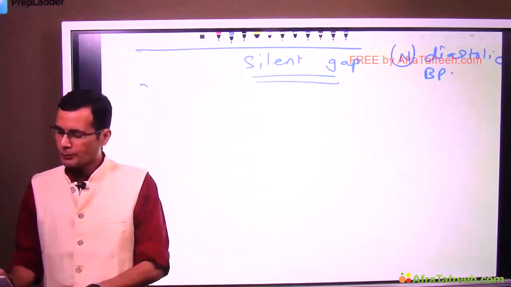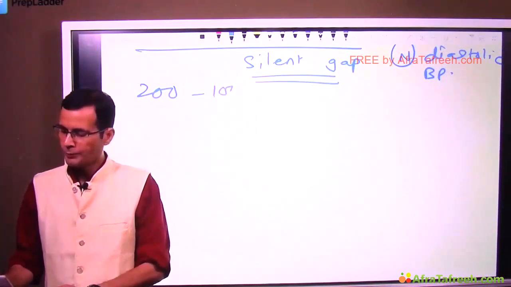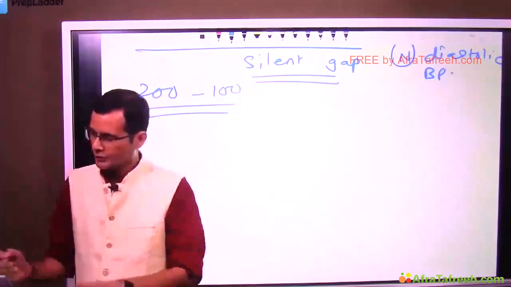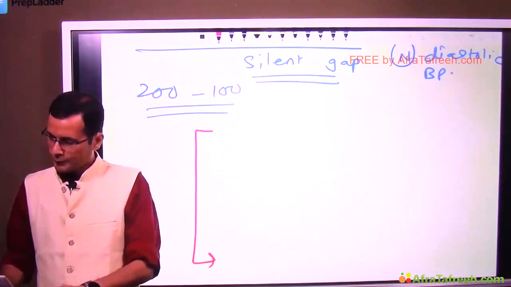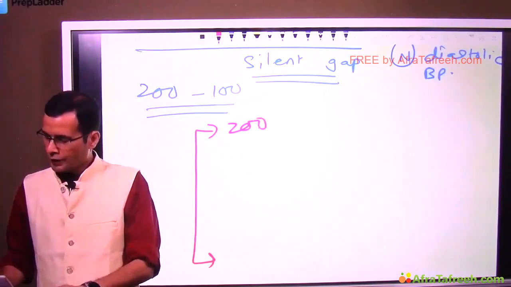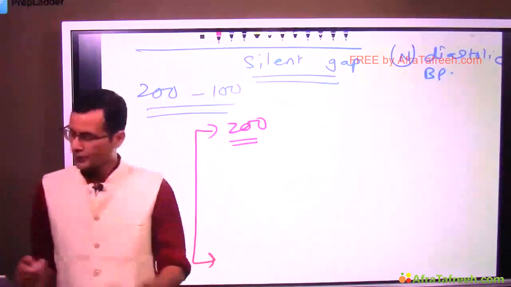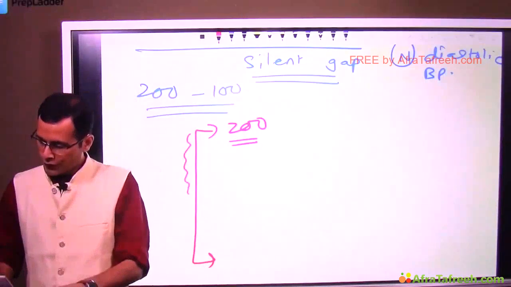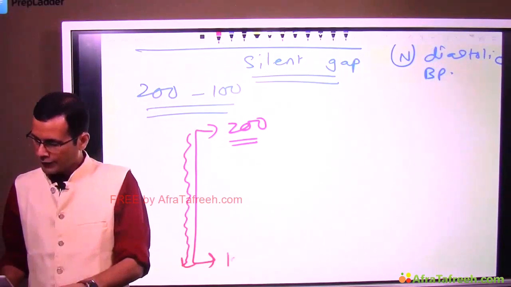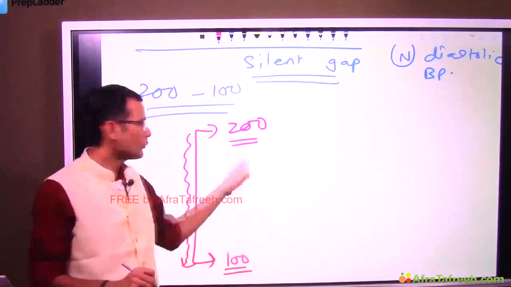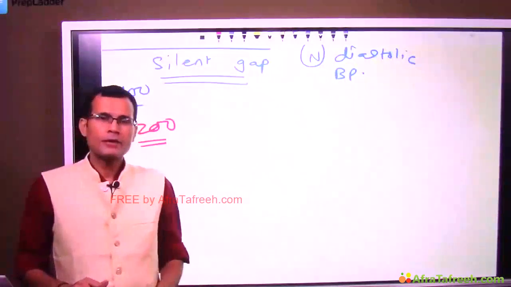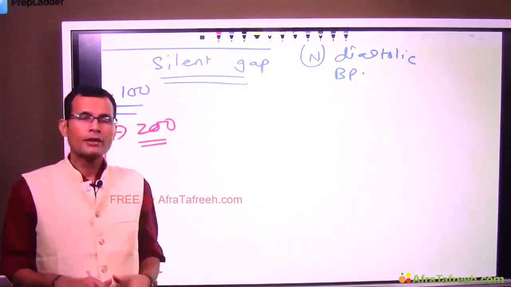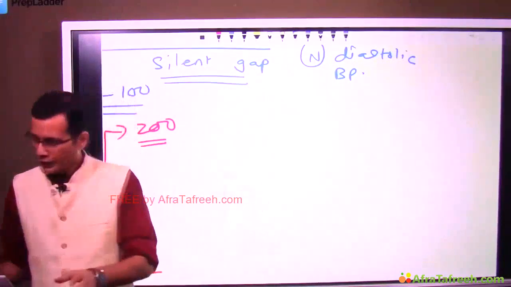Suppose there is a person with a blood pressure of 200 by 100. Let's take some hypothetical figures. So, what do you expect to happen? At 200, first Korotkoff sound should appear, then the sounds should continue to appear, and finally they disappear at 100. So you take these readings. Now, a person, atherosclerotic person, is having a silent gap or auscultatory gap.